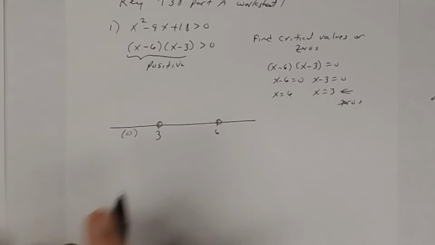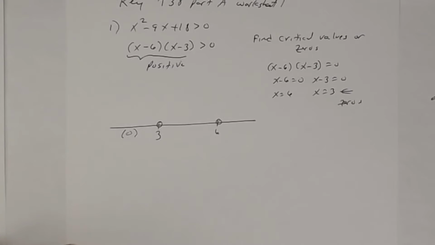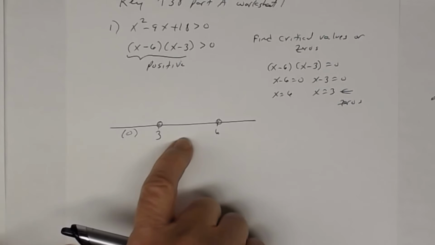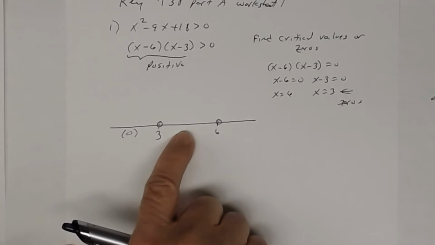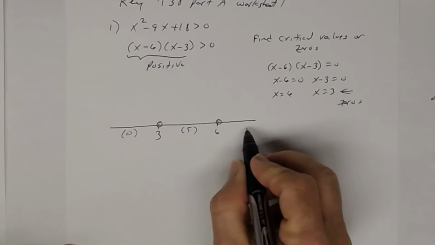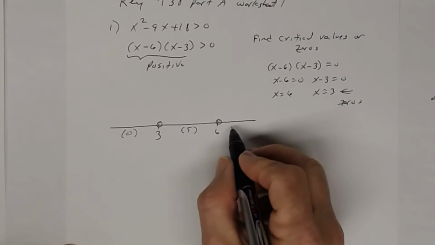And then in the interval from 3 to 6, what's another real number you can use in that second interval? Try to use an integer. The only integers available would be 4 and 5. All right, so let's use 5. Over here, for any number greater than 6, let's use 8.